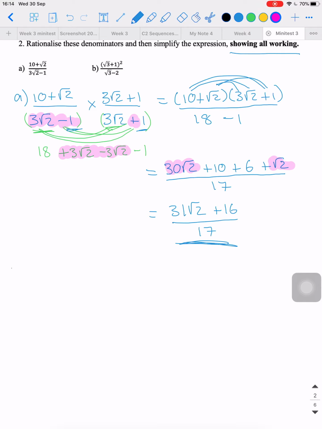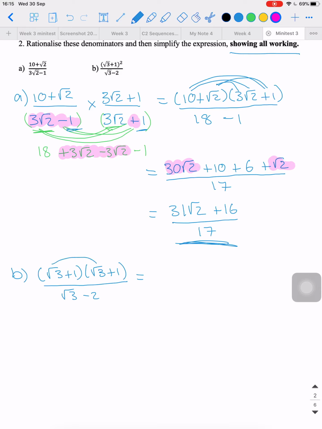So for part B, just a little bit trickier, because before I even rationalise the denominator, I am going to multiply out that numerator. So root 3 plus 1 all squared means root 3 plus 1 times root 3 plus 1. I'm not rationalising the denominator yet, I'm just expanding those brackets.